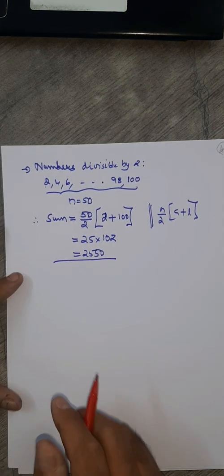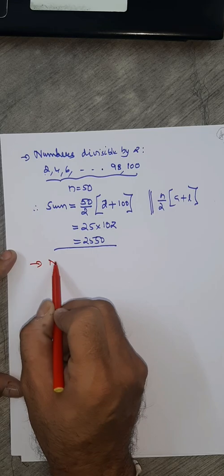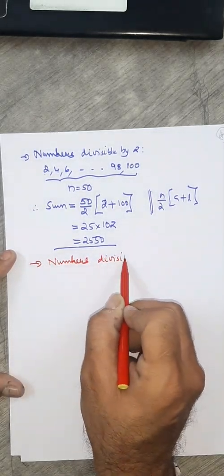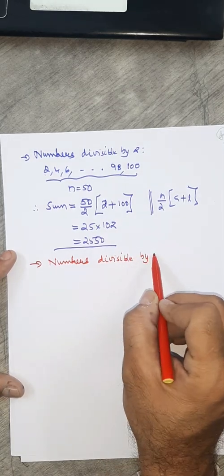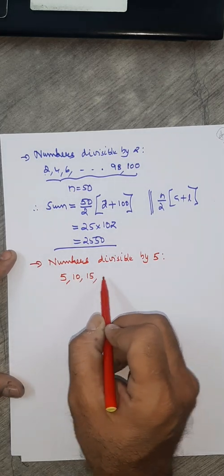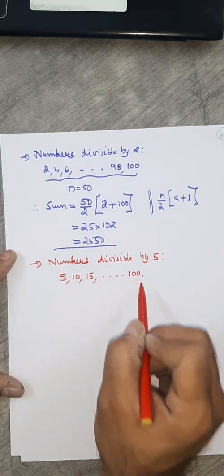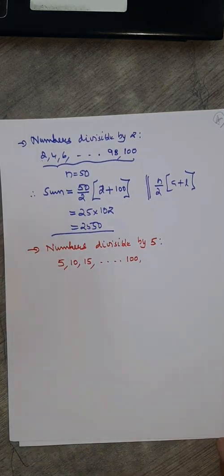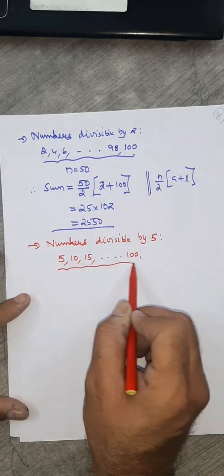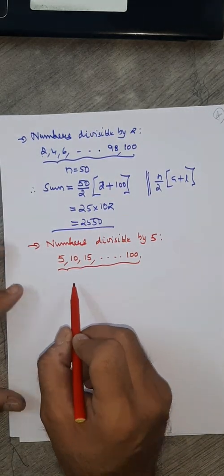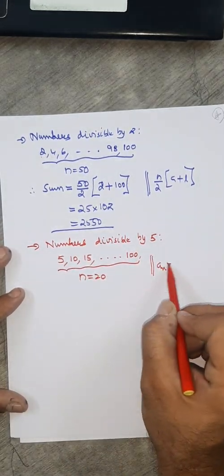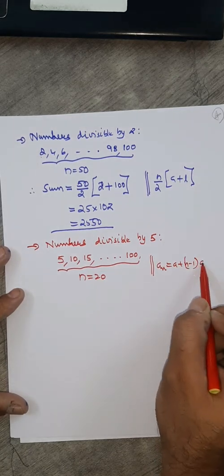This is the sum of all the numbers divisible by 2. Same way, now we'll get the numbers divisible by 5. That is 5, 10, 15 and so on up to 100. How many such numbers? That's obvious, n equals 20, since 20 into 5 is 100. Or you can use the formula an equals a plus n minus 1 into d.